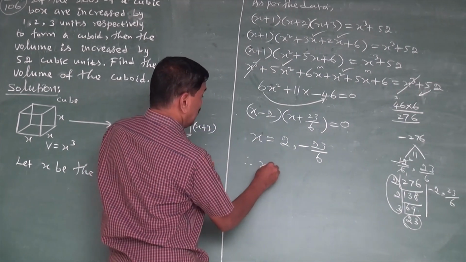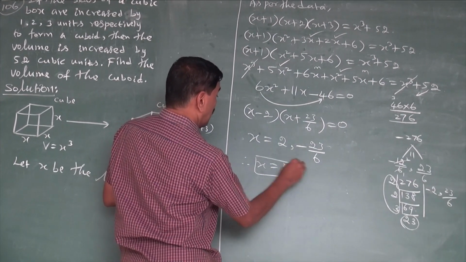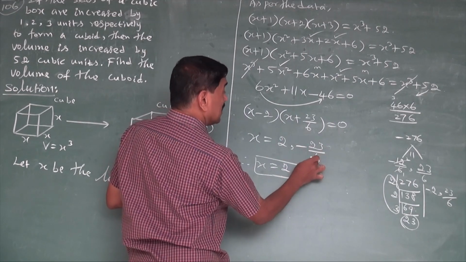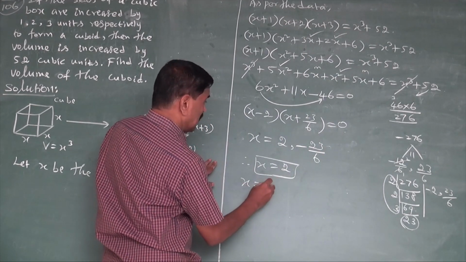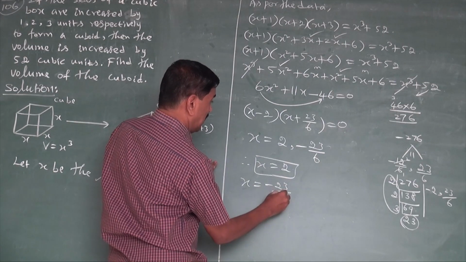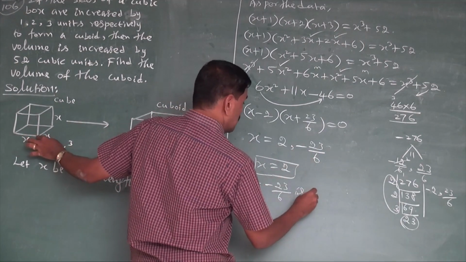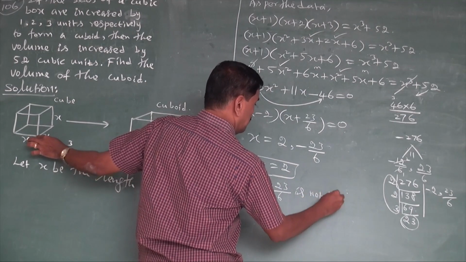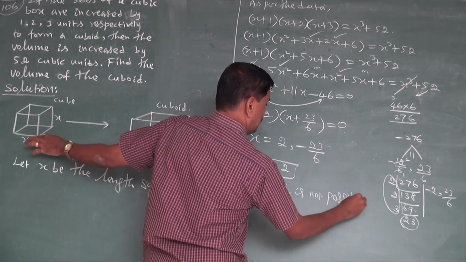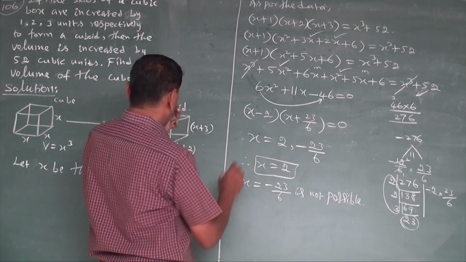Therefore x should be equal to 2. That's all. And x equal to minus 23 by 6 is not possible.